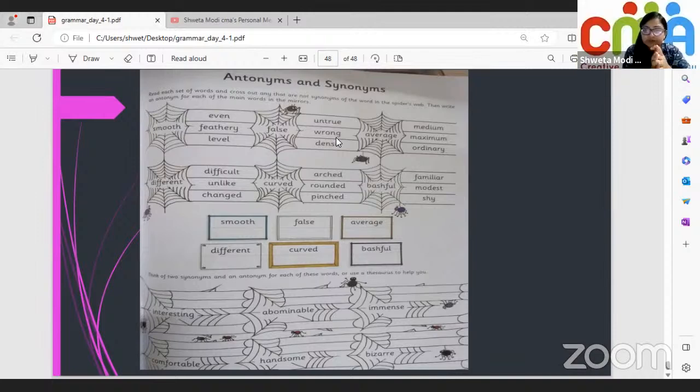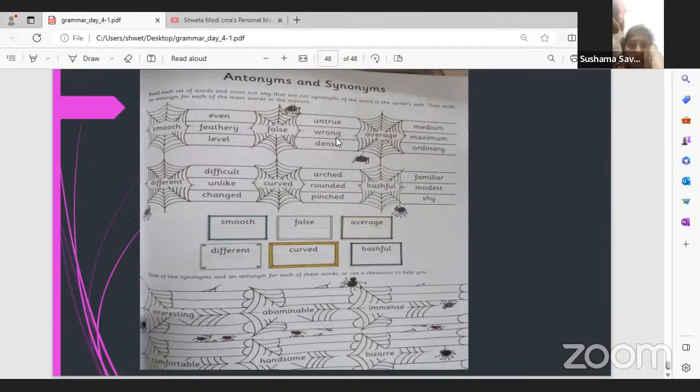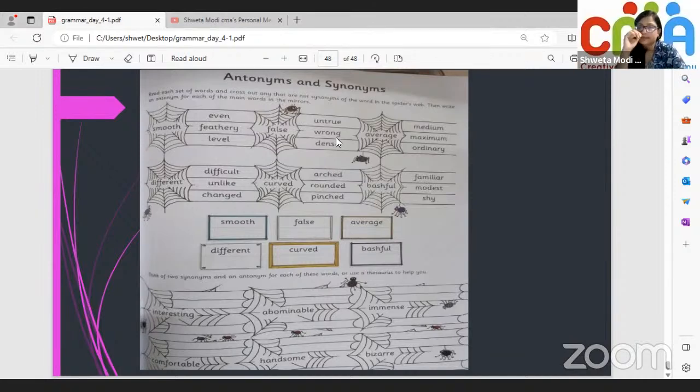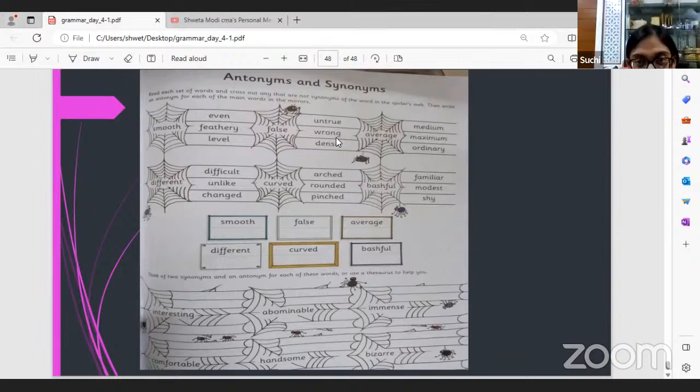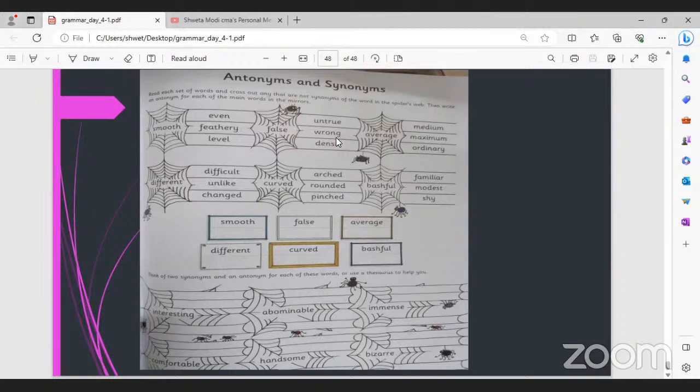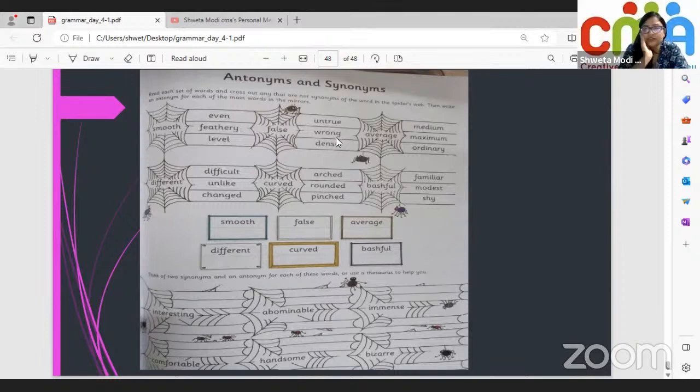Then false: dense, untrue, wrong. Dense is the odd one out. Then average: ordinary, maximum. Maximum. Yes. Okay, so this way synonyms, and then in antonyms, think of two synonyms and one antonym for each of the words given here. They have to write two similar words and one opposite word.